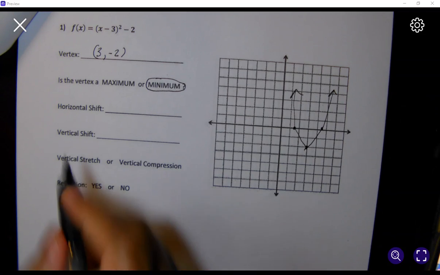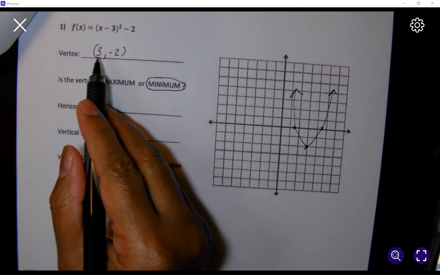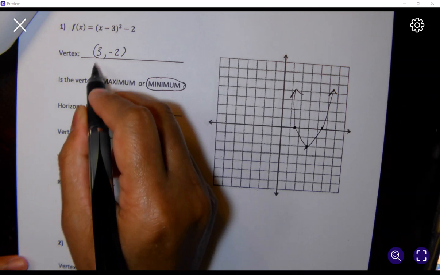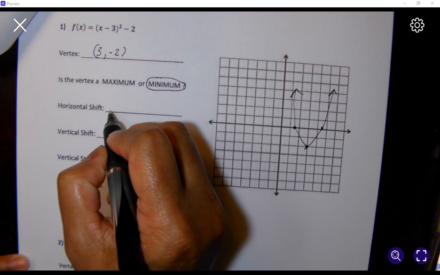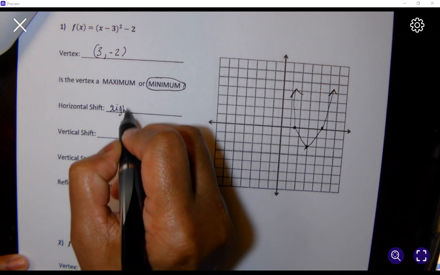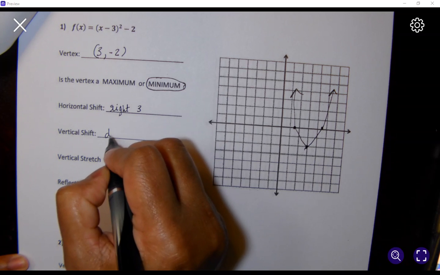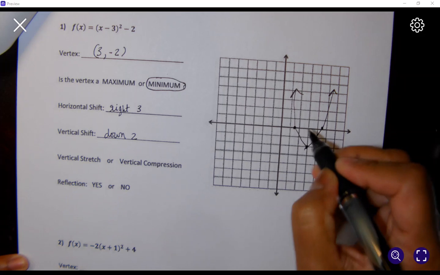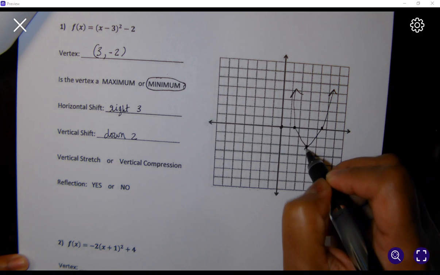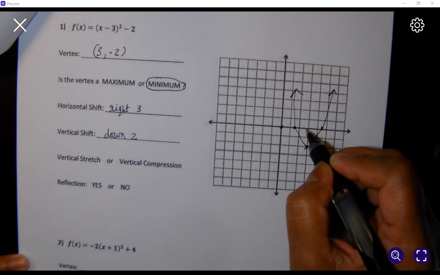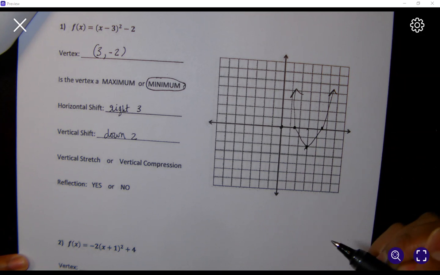And then it's asking for the horizontal shift, so how far did it move to the left or right? So since this is positive 3, it moved to the right 3. And then negative, it moved down 2. So it moved from here to here. It moved right 1, 2, 3, and down 1, 2.